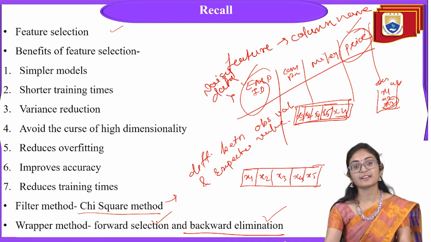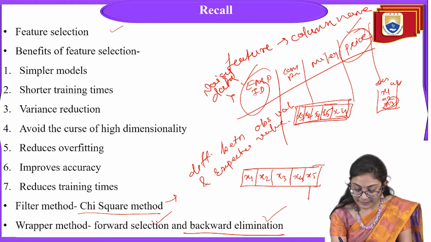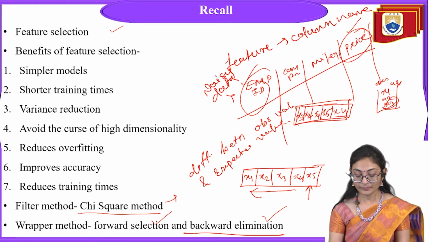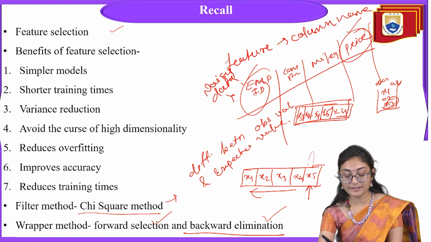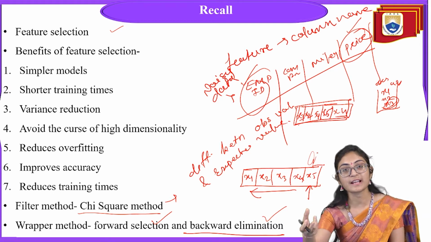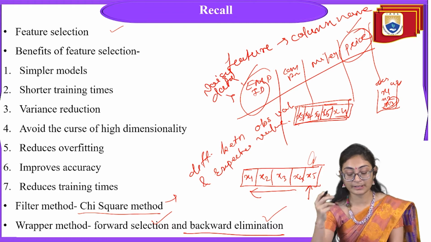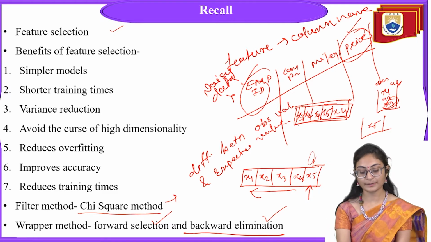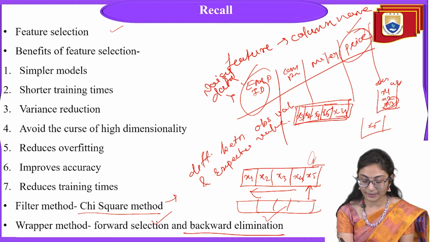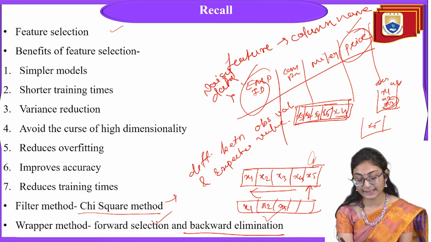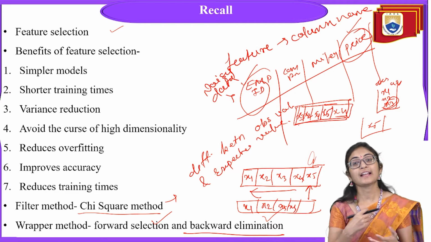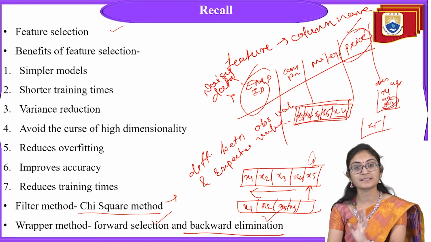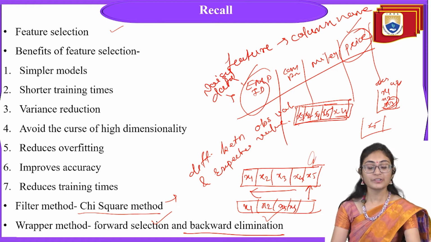It will start from x5 and move towards x1. First it will check x5 and if it finds that x5 is irrelevant, it will remove x5 and put it in another set. Then the remaining attributes are x1, x2, x3, x4. Then again you find whether x4 or x3 is irrelevant, and that attribute will be removed and stored in another set. This is all about feature selection.